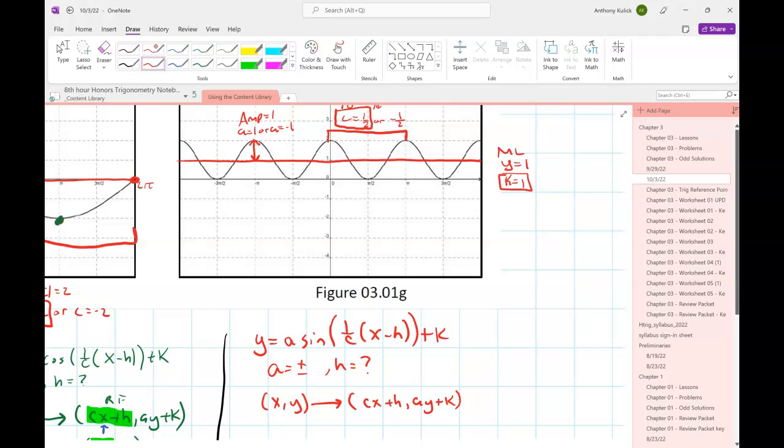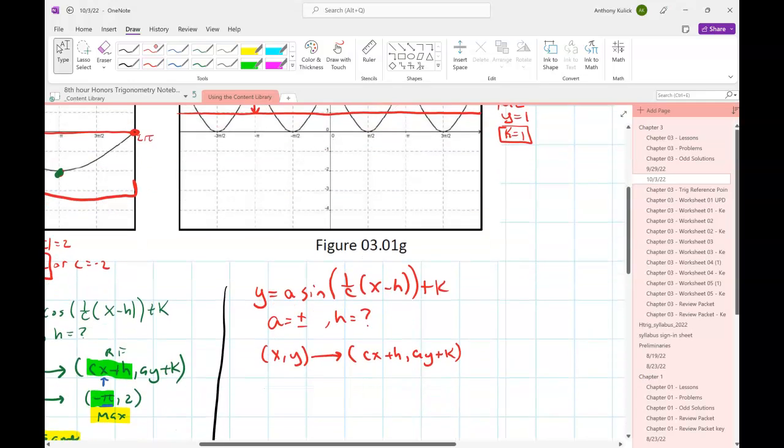What point do you want to pick from the parent function to use? 0, 0, because it's sine. Remember, 0, 0 was the midline point that went minimum, midline point, maximum.